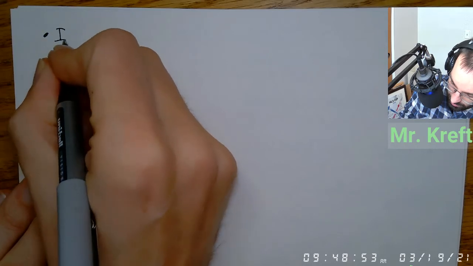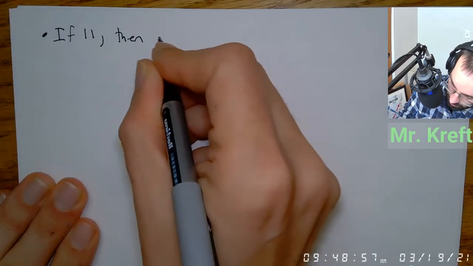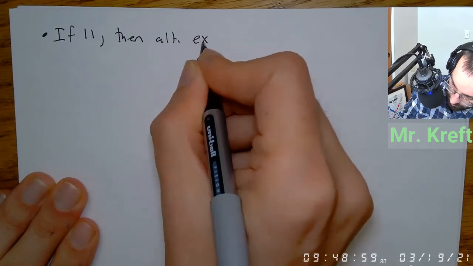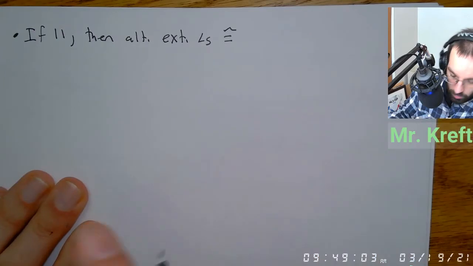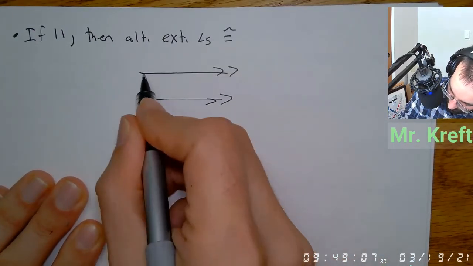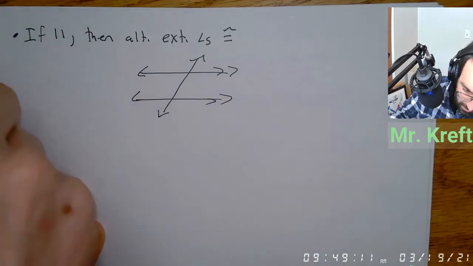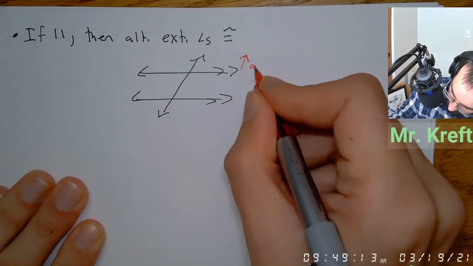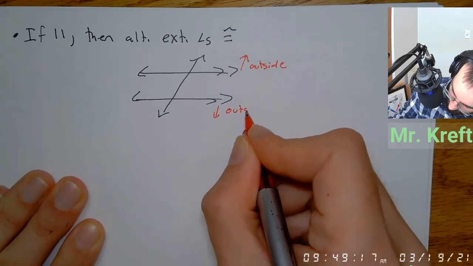Okay, so if parallel lines, then alternate exterior angles are congruent. So let's do a quick one like that. So I have parallel lines. Okay, the outside, right, is outside of the parallel.